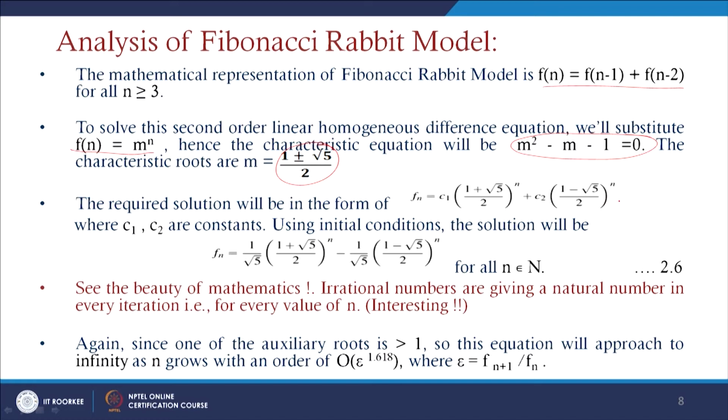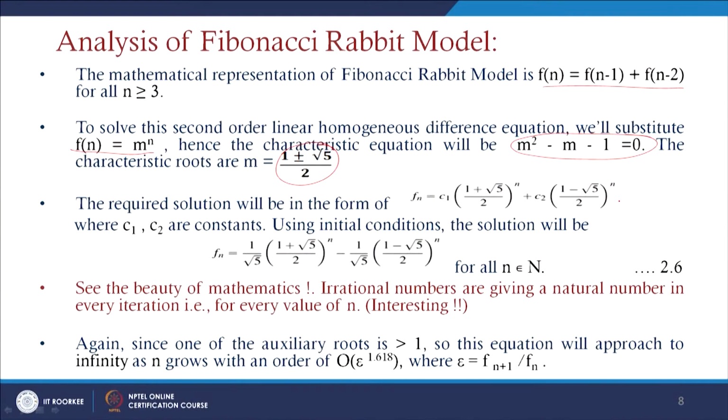And if you use the initial conditions, the solution will be f_n equals 1 by root 5 times ((1 plus root 5) by 2) whole to the power n, minus 1 by root 5 times ((1 minus root 5) by 2) whole to the power n. And you can see that for all n belonging to the natural numbers, we will have a natural number.